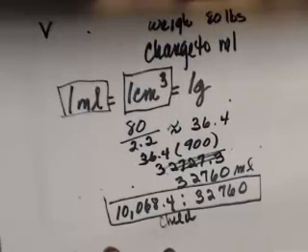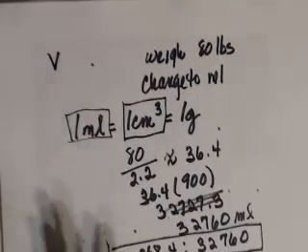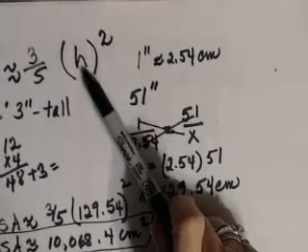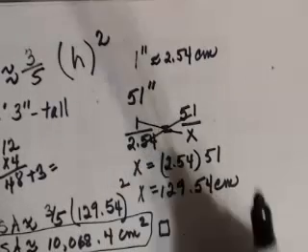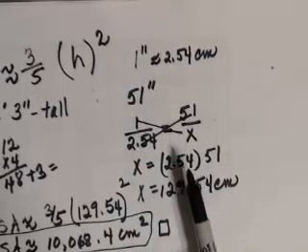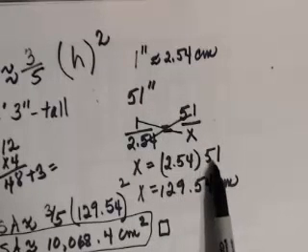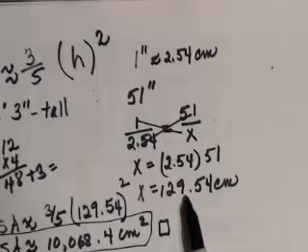So once again, to get the surface area for yourself, you're going to change your height to inches. Then you are going to set up a proportion and multiply your height in inches by 2 54/100.